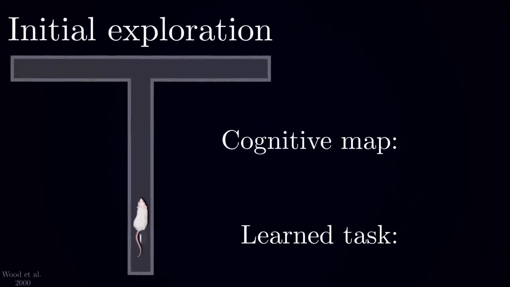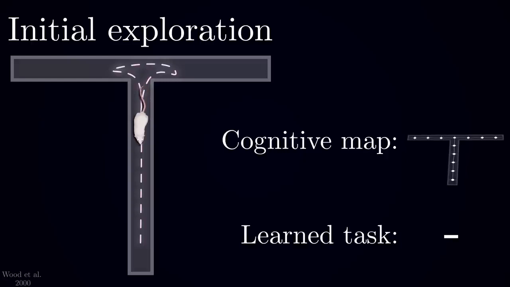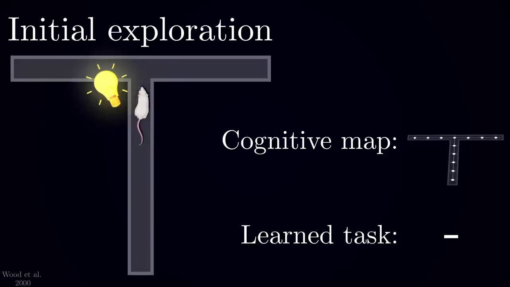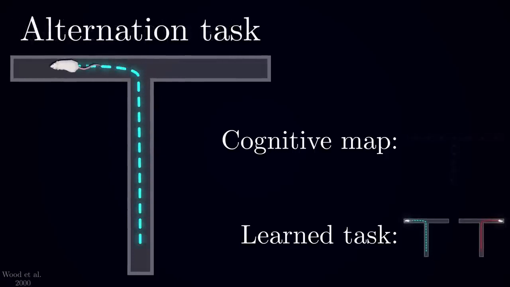Here is another way to think about it. At first, when the animal hasn't learned the nature of this task and is just exploring the maze, its cognitive map only has a spatial component encoding the 2D location. But over the course of several trials, the mouse learns that, I need to alternate the directions because the reward seems to be always located on the arm opposite of the previous trial.